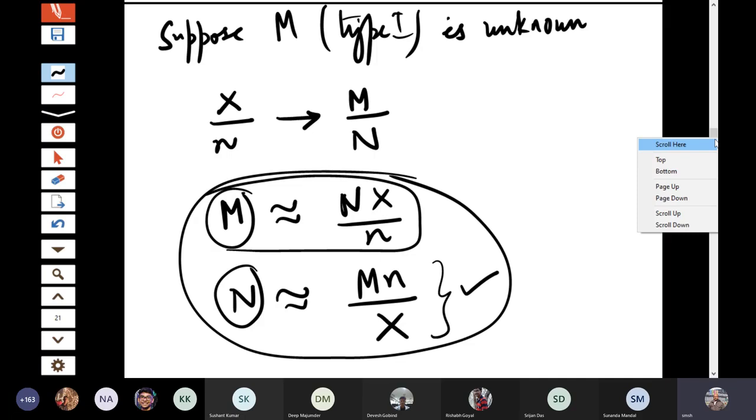If I am having i elements out of n, then the number of ways of selecting that is nCi. So the number of sets which have i elements is nCi, and the total number of subsets is 2 to the power n.